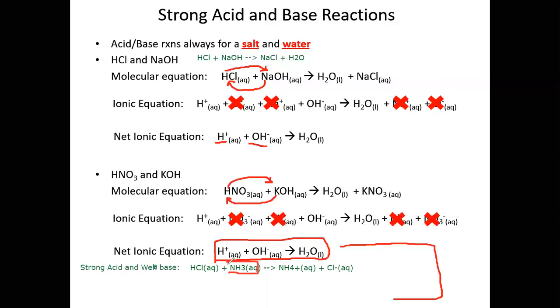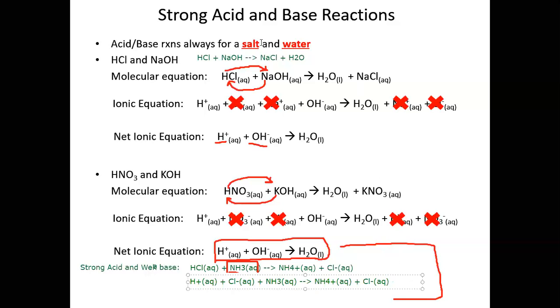It stays as NH3. So we get this is our ionic equation.